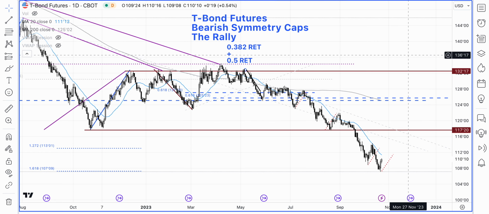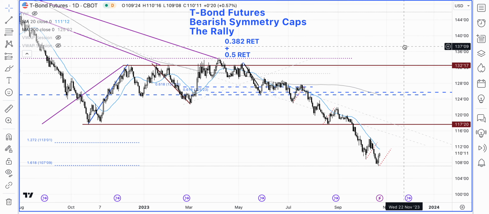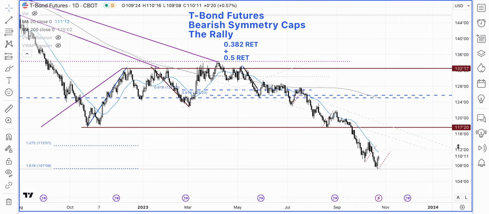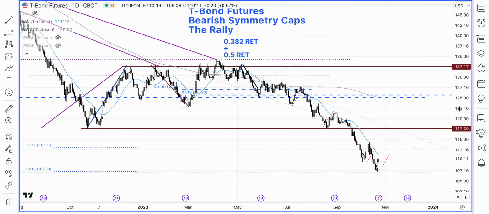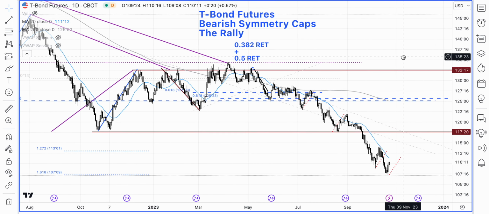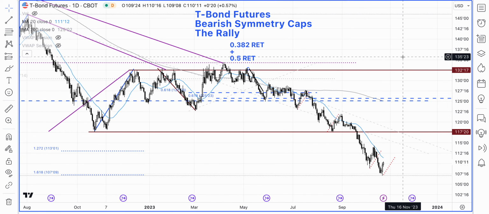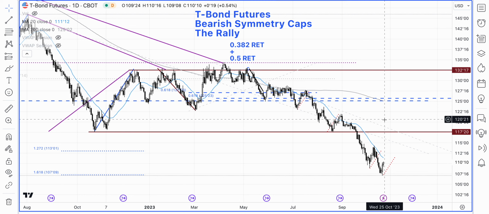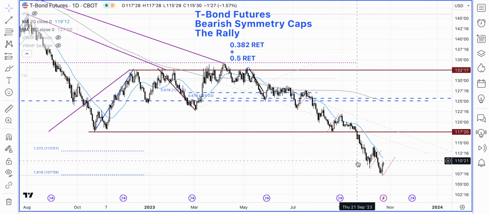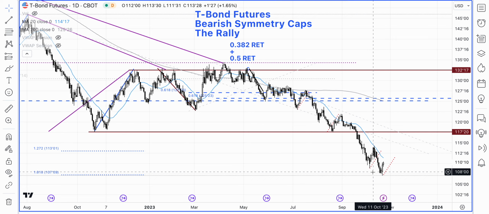So what we are looking at is the daily chart of the T-bond futures, the 30-year Treasury bond futures. It's also known as the long bond future because of its duration, which is 30 years. Something really important has taken place. Over the course of the last 2 days, especially this Monday, this market was very strong, and there is a strong possibility that this market might have actually turned.